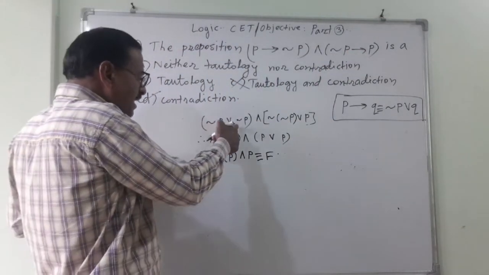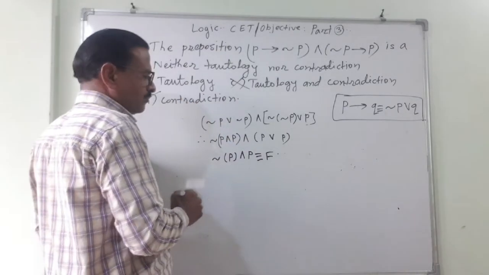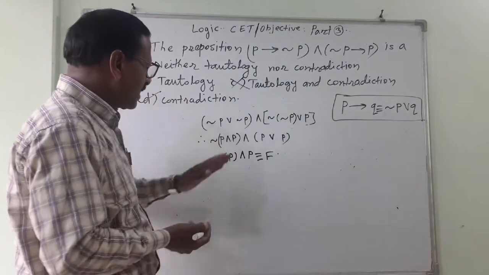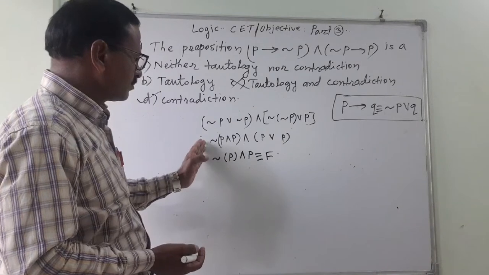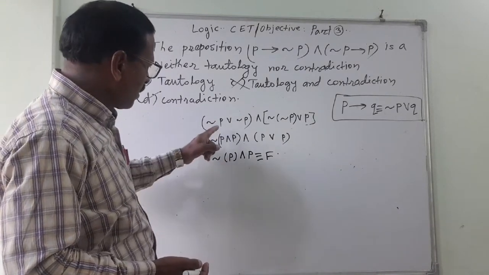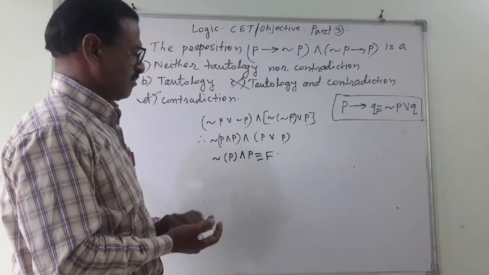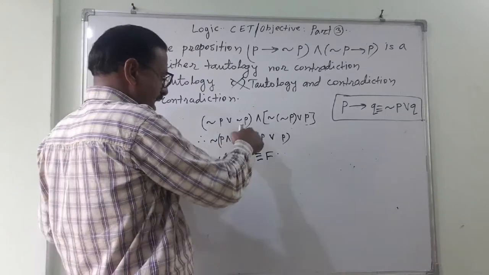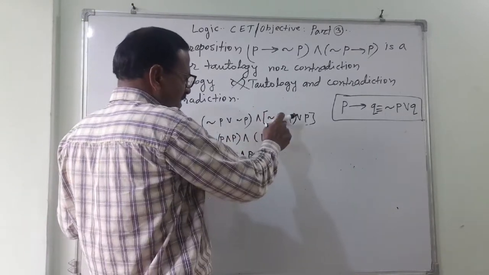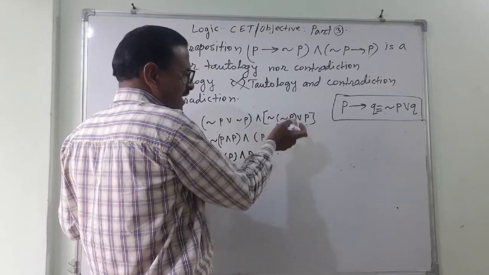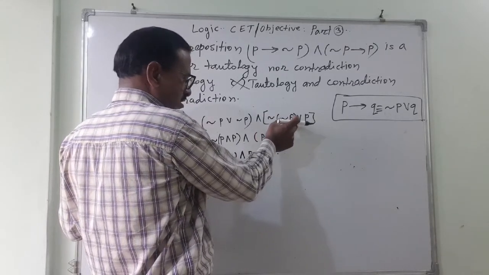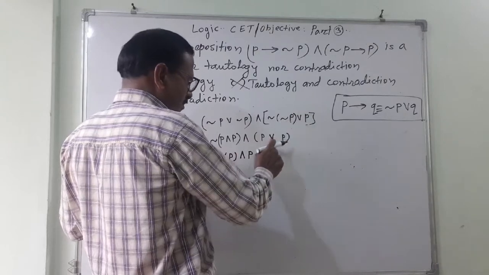Now this negation I have taken common out. If I am taking the negation out, then this will become and, P and P. And this negation will get cancelled. This negation is only for this. So it will be P or P.